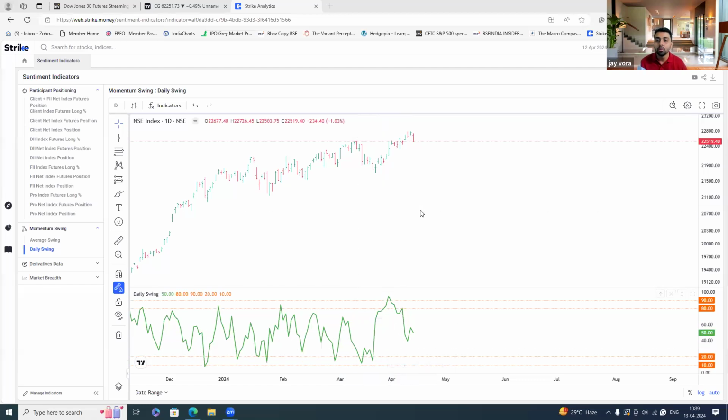So now when the reading comes to say minus 10 or below, that's where it reaches an extreme. Okay, so from there a short term bounce or a sideways consolidation is due.